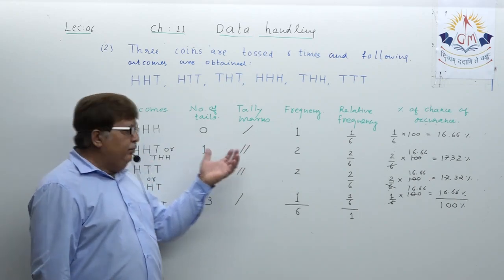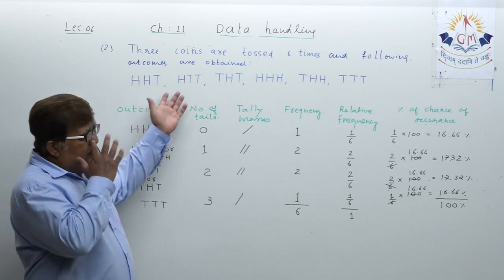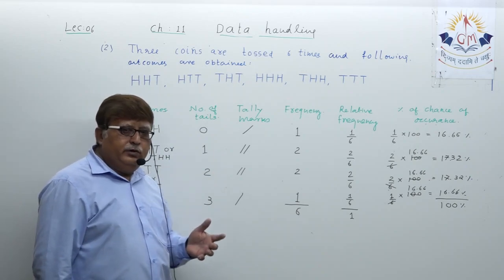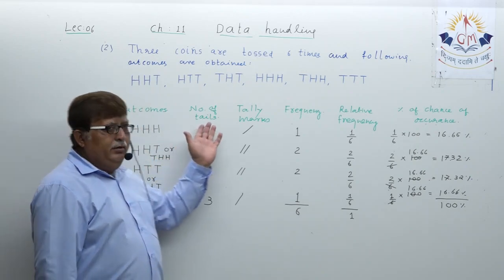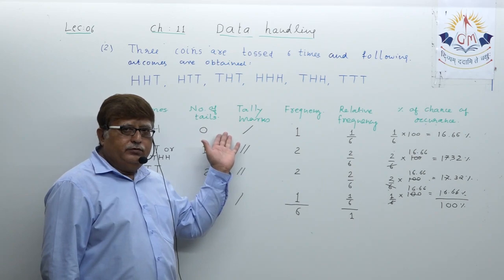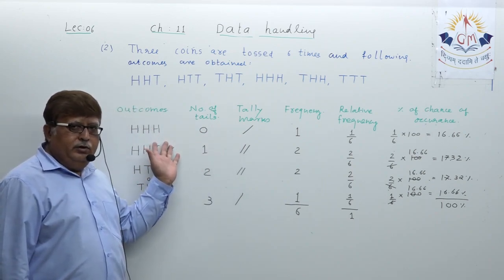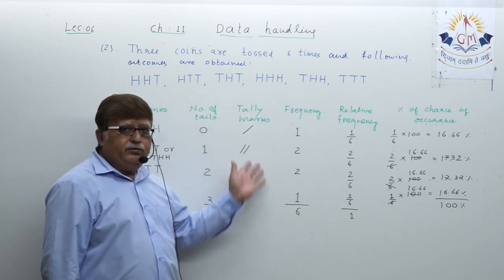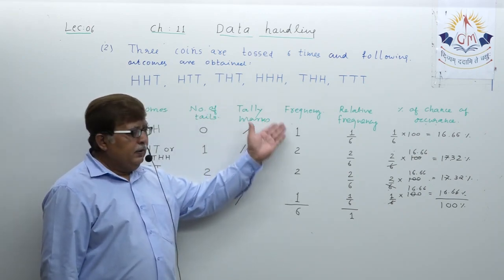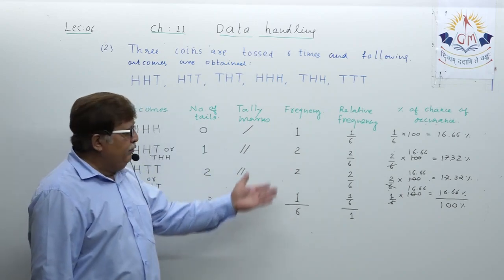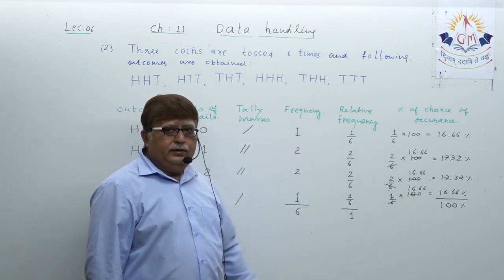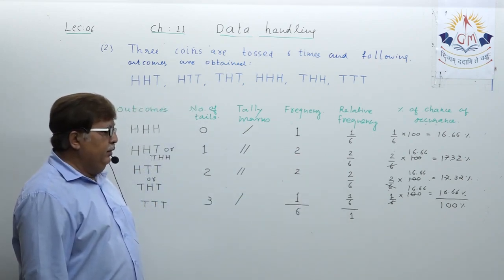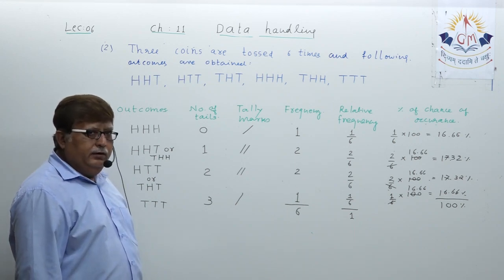You may have to avoid this column. Here you just write number 0, 1, 2, 3, 4, 5, 6, whatever. Directly it's a question of finding frequency, finding relative frequency, and finding the percentage of chance of occurrence.